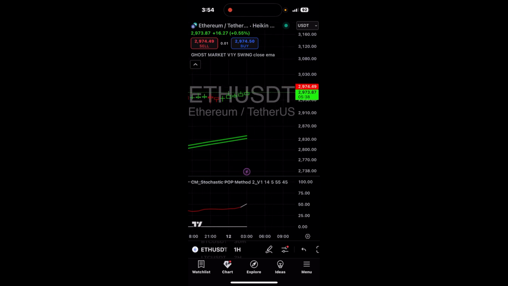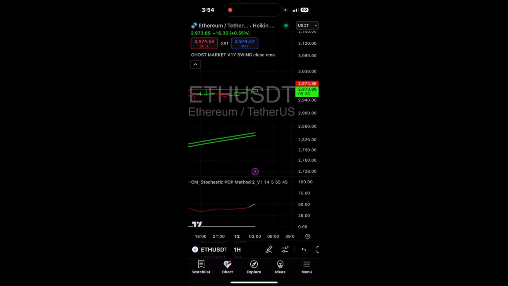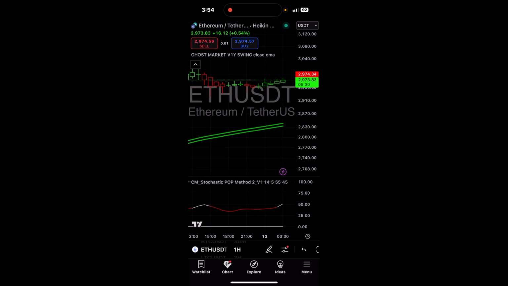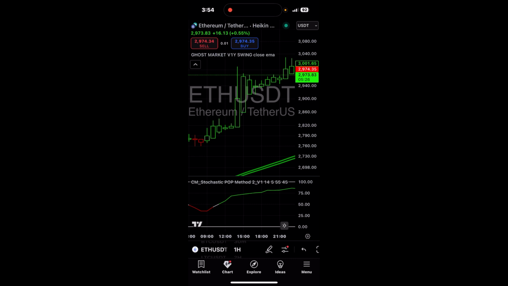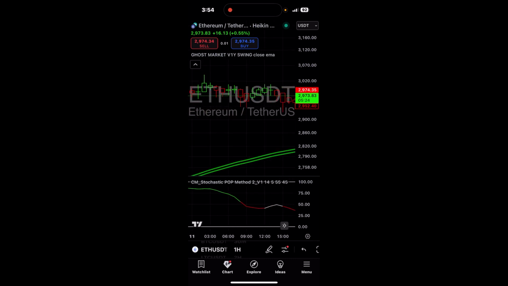But bare minimum here, you could do it at about 300. So you could do 300, but I would prefer doing it at the price of one Ethereum, just to be safe, but that's how you do it.